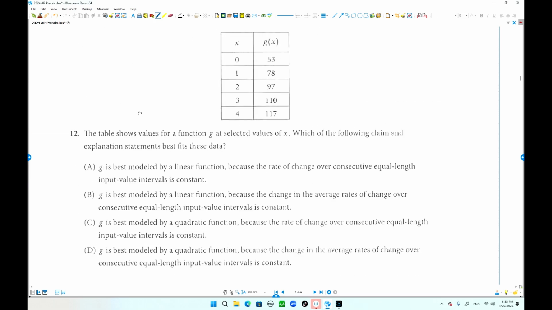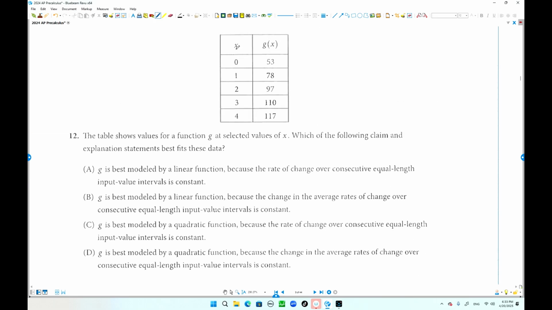Here is number 12. So we have a table, some selected values of x and values of y. Which of the following claim and explanation statements best fits this one? Take a look at the first one. We can see that it is linear, quadratic. But that is not linear, right? The first difference between 2 points is actually the rate of change.